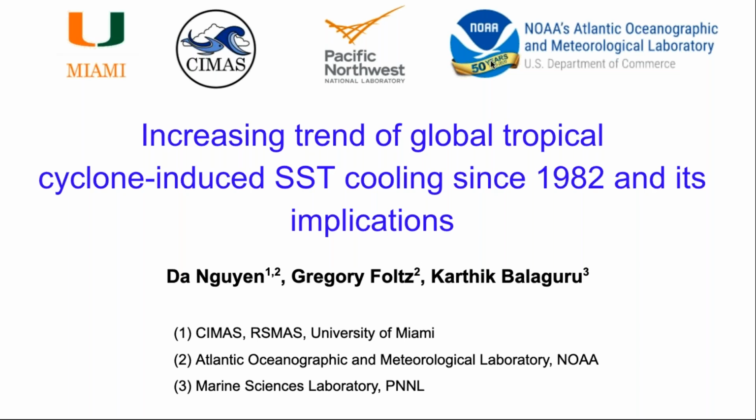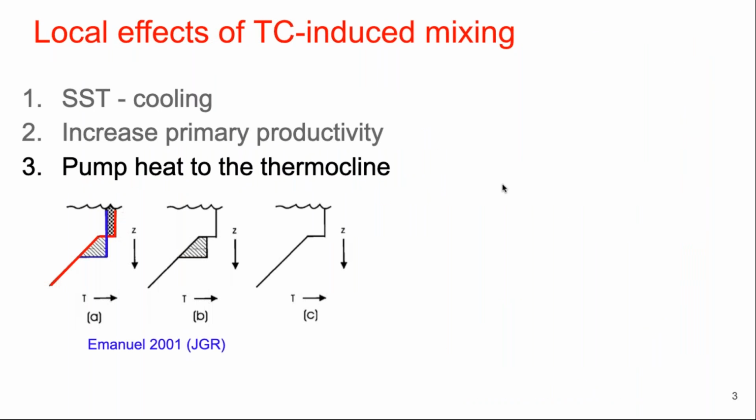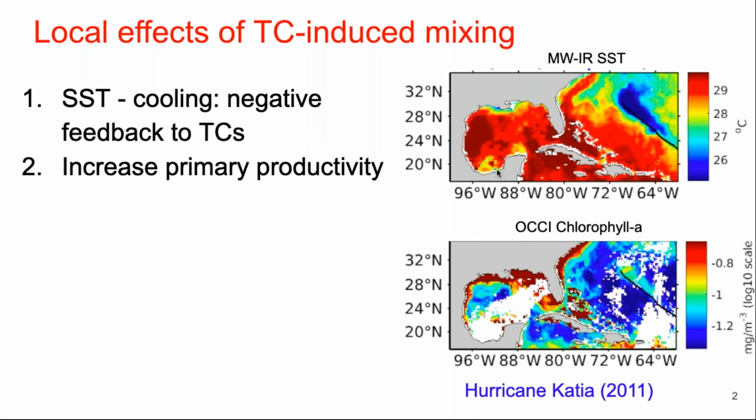First, as you know, when a tropical cyclone travels, it usually leaves cold trails along its track.